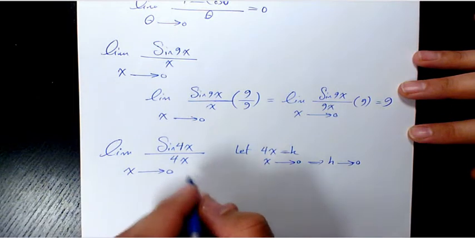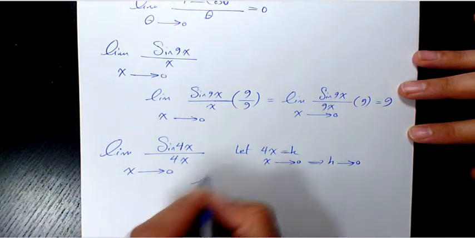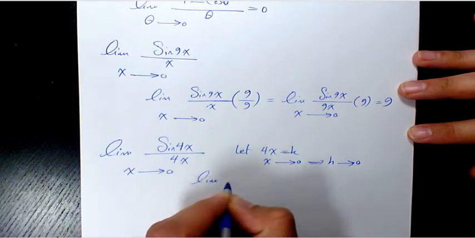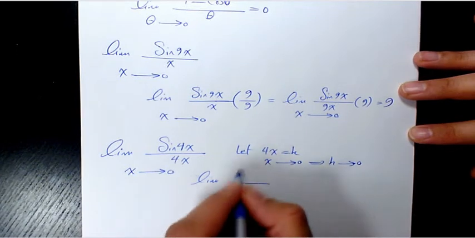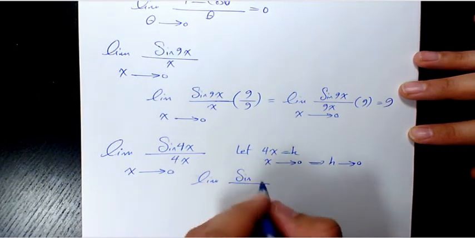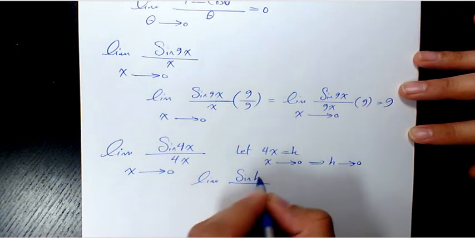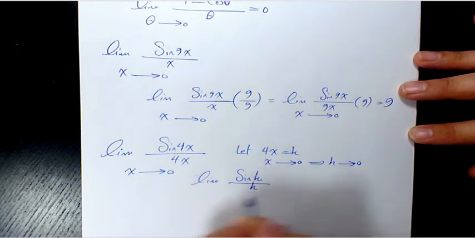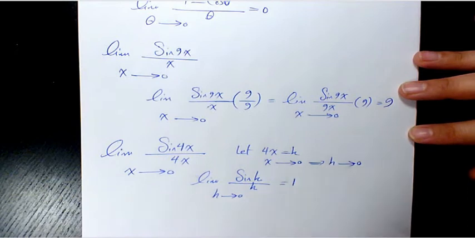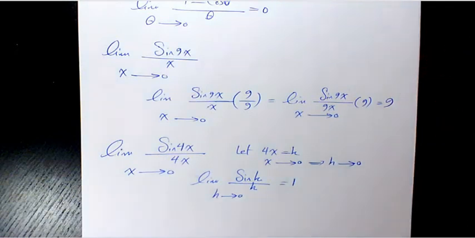So that means we have the limit of sine h over h when h is approaching 0. And as you know here, that's going to go to 1.